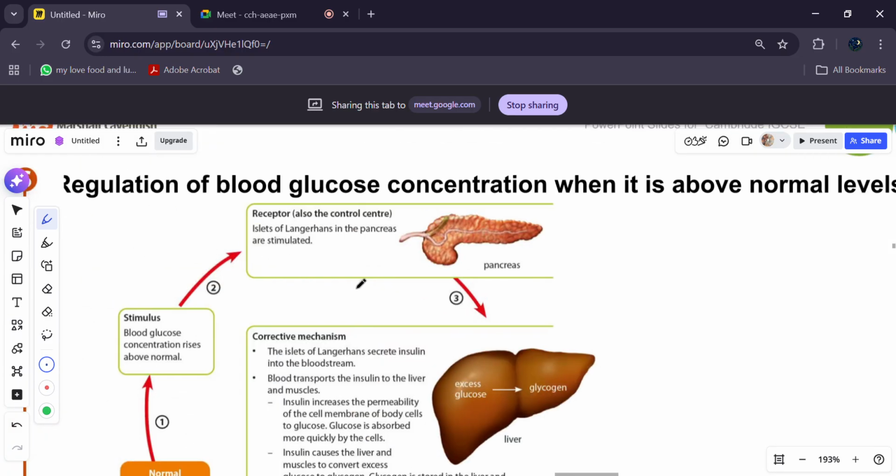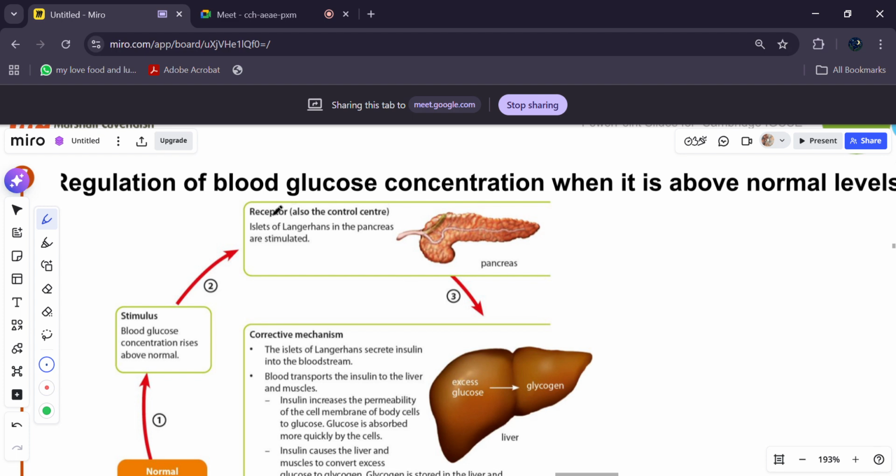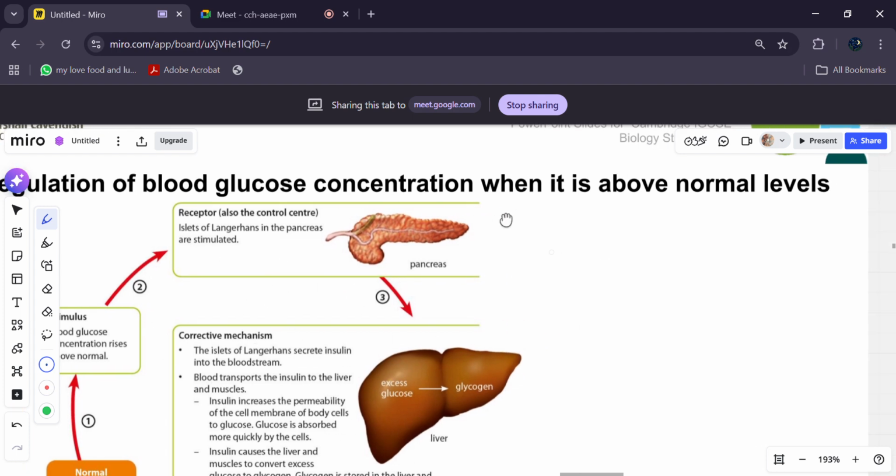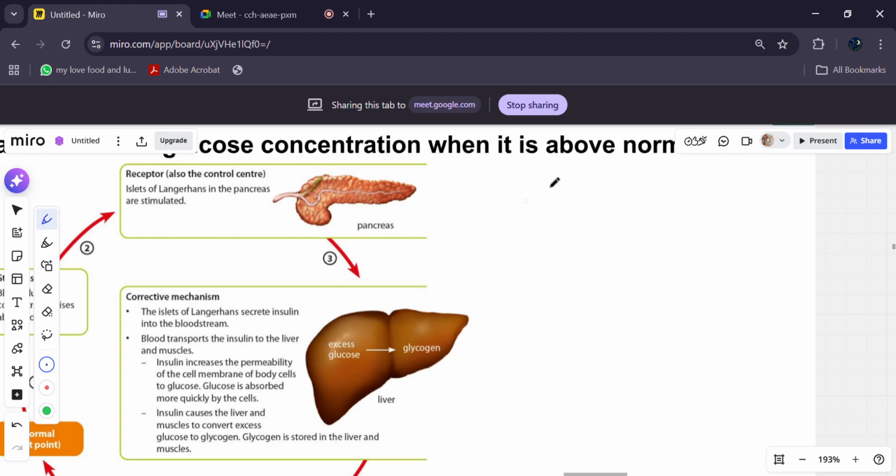And sometimes it can fall when we do vigorous physical exercise or starve ourselves. So when there's less food in our body systems, or we do very heavy exercise, the glucose level in our blood decreases.